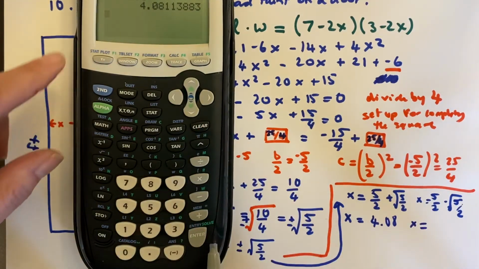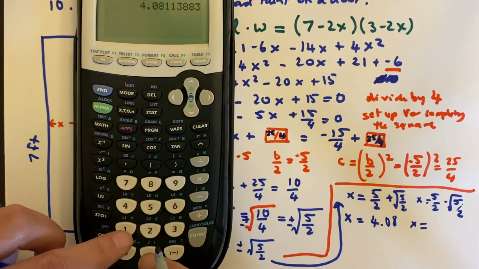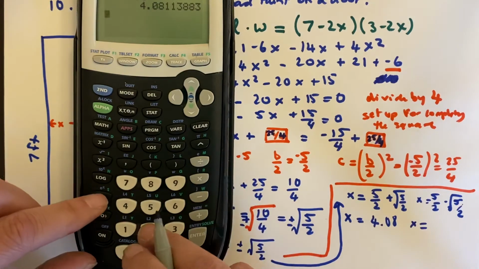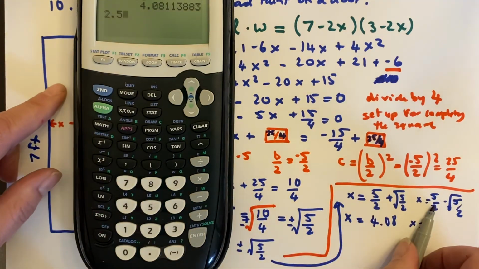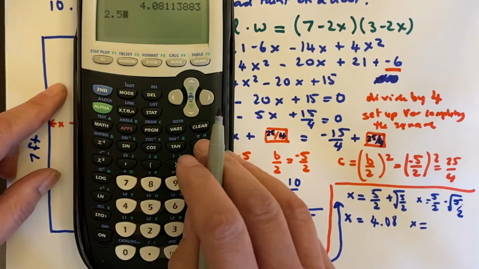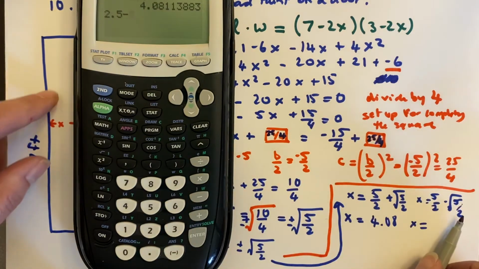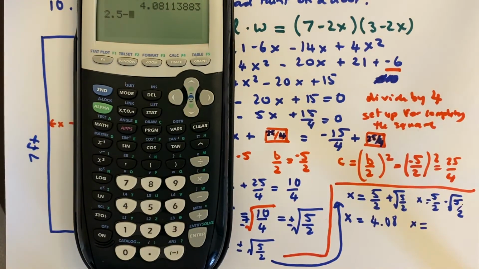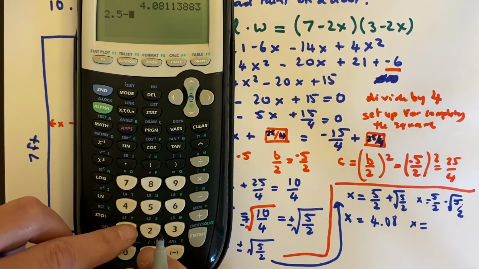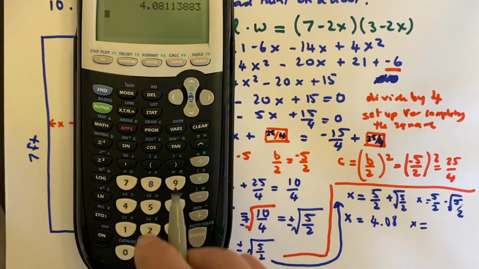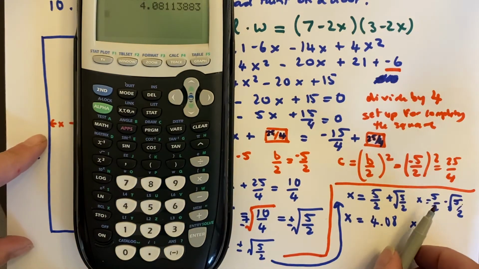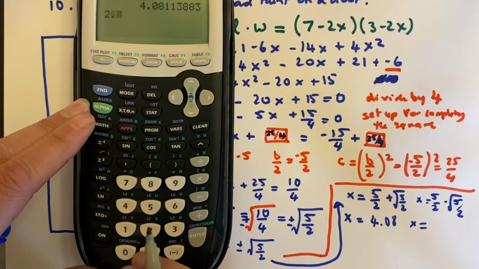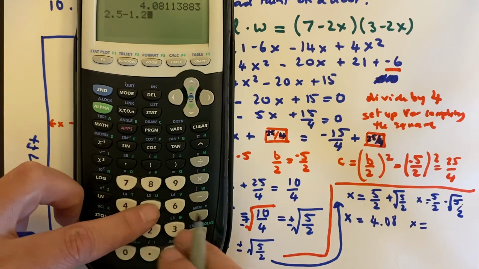Okay, going back for my second answer, I'm going to start with 5 halves over here, so 2.5, and subtract the answer to that, which is 1.58. Sorry, I'm doing this backwards. Let's start again. 5 halves is 2.5. Minus 1.58.